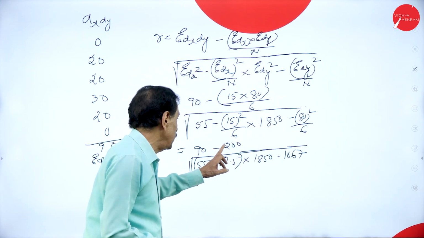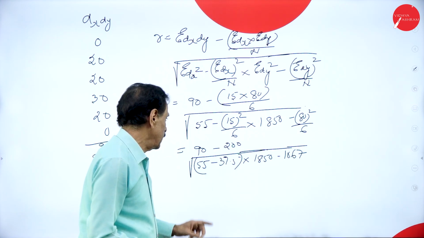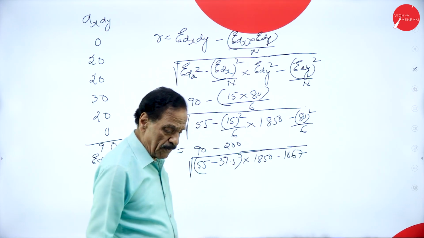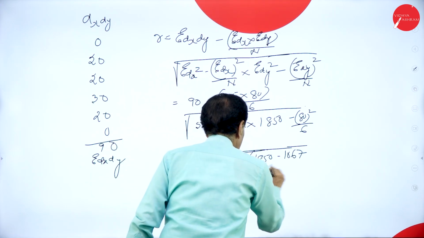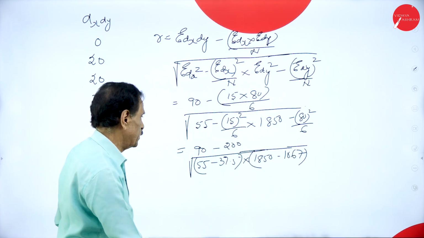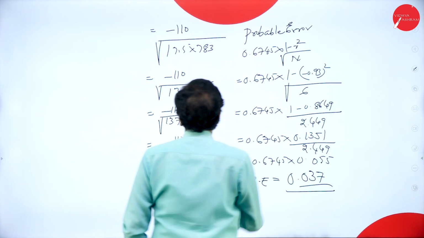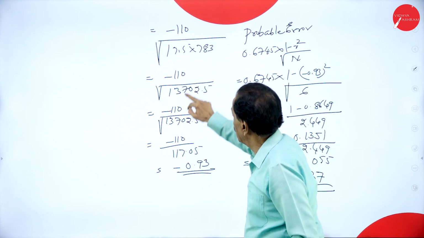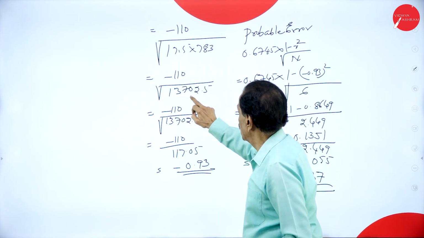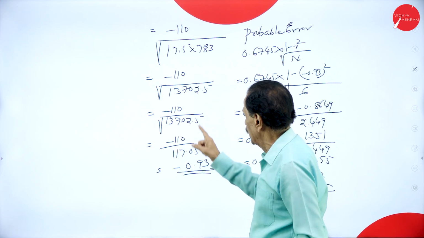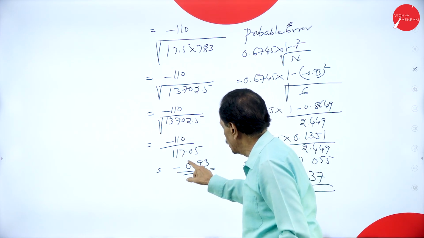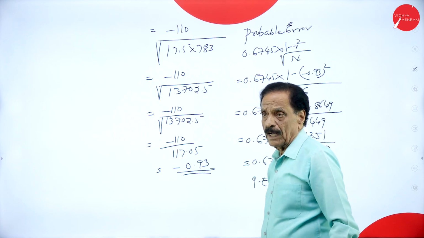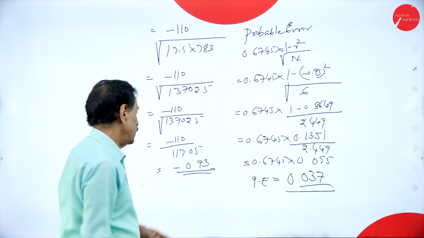Simplify this. 90 minus 200. Highest is 55 minus 37.5. 1850. This is 1067. Simplify this. Minus 110, 17.5, 783, 110. If you multiply 13702.5, 10. The root of this is 117.5. If we divide this, answer is minus 0.93.